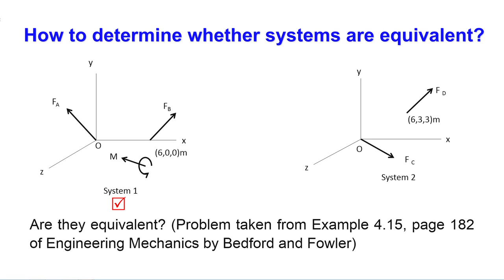System 1 has two forces, FA and FB, and 1 moment, and positions are also shown: the second force FB at 6, 0, 0, and moment M and FA. In the second case, force FD's point of application has coordinates 6, 3, 3 meters, and at the origin there is a force FC. Now, we have to see whether they are equivalent.